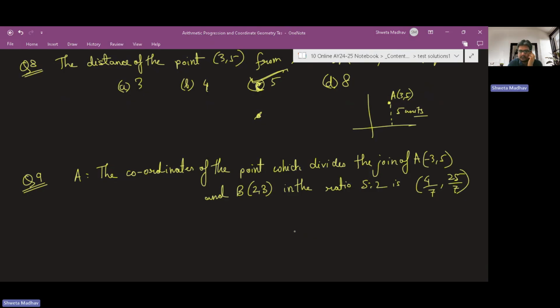So we have to find the coordinates of the point which divides the join of A and B in the ratio 5 is to 2.